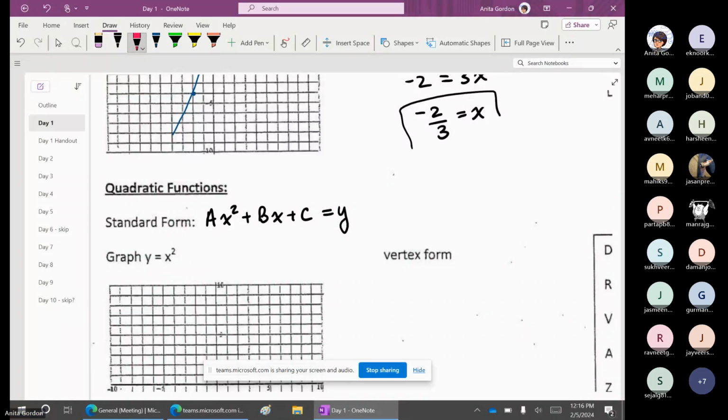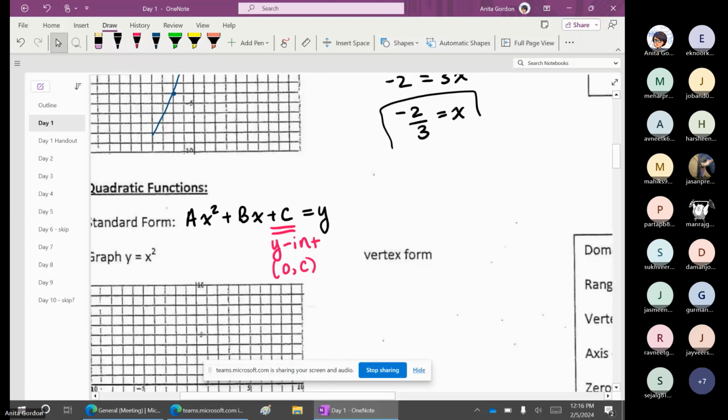Yes, this C value tells me the y-intercept, or the coordinate for the y-intercept, which would be (0, C), whatever the C number is.